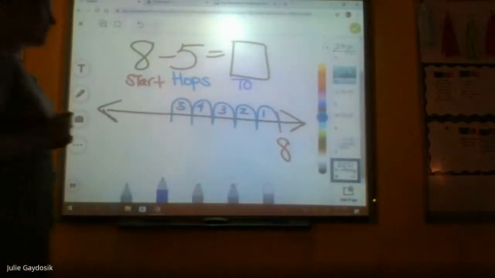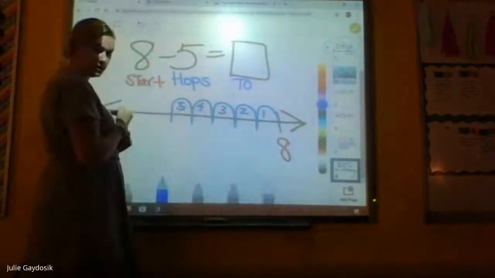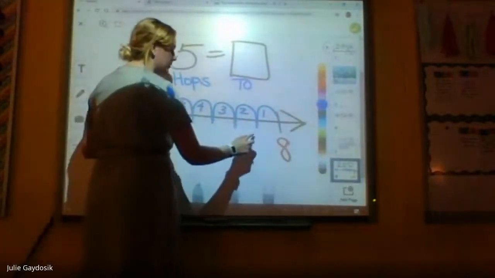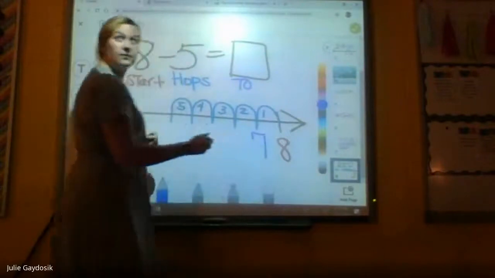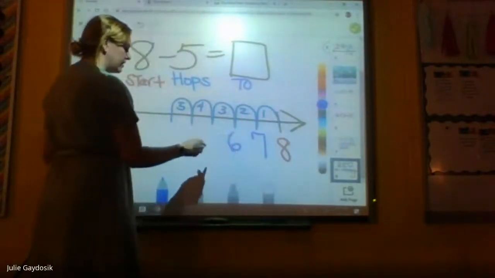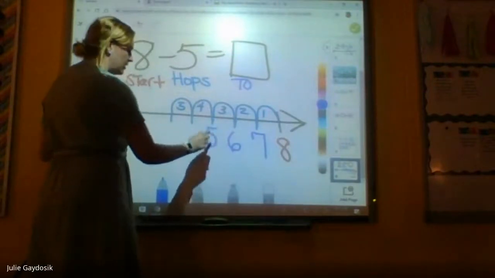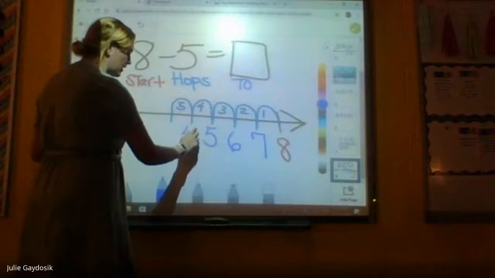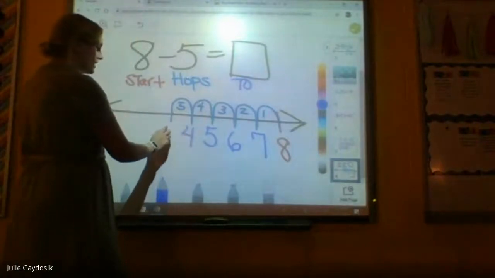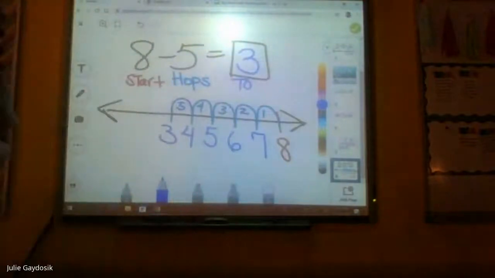And then I'm going to count on the bottom backwards. So 8 minus 1 is 7. 7 minus 1 is 6. 6 minus 1 is 5. 5 minus 1 is 4. One more. 4 minus 1 is 3. There, your answer is 3.